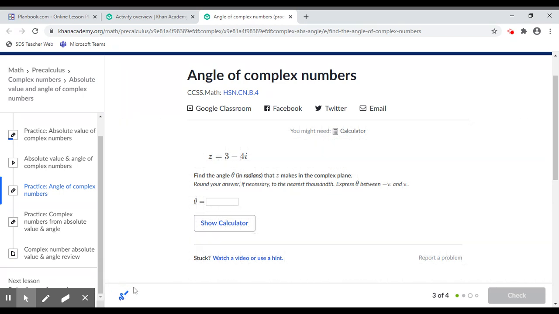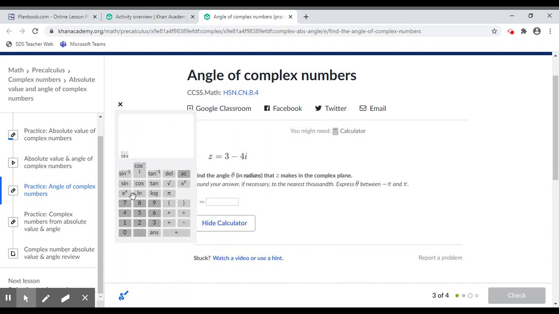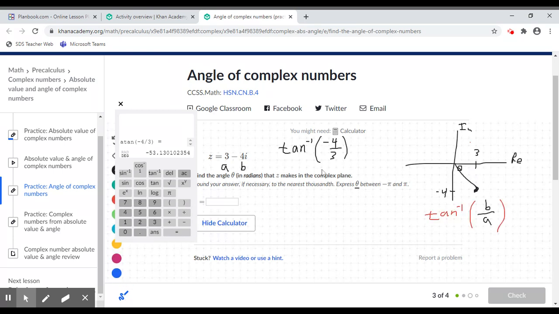All right, so inverse tangent of negative 4 over 3. And you should get on your calculator negative 53.13 degrees.